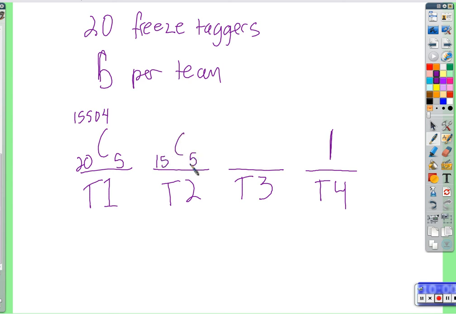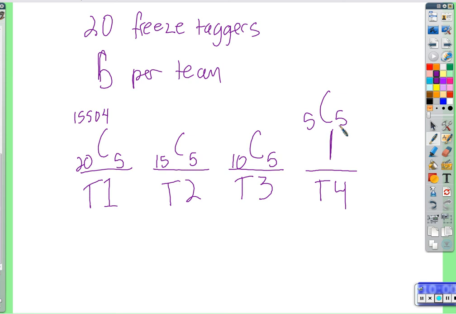Then 10C5. And the last is 5C5. So 5C5 or 10C10 or 20C20 or 11C11 is always 1. The one whole group is the only combination that exists.